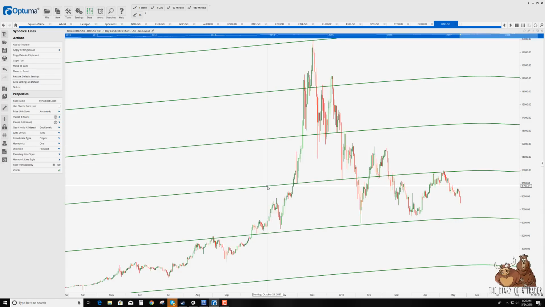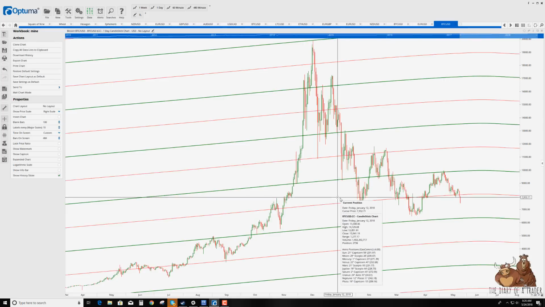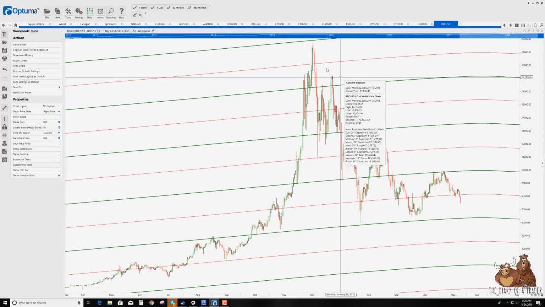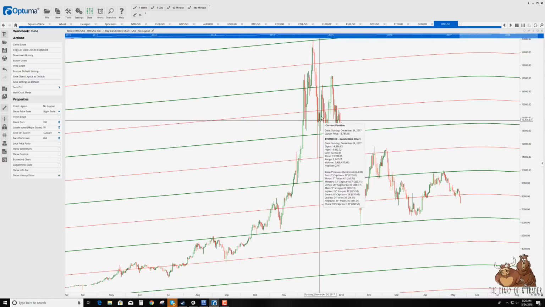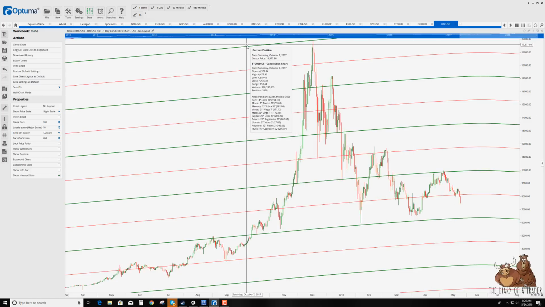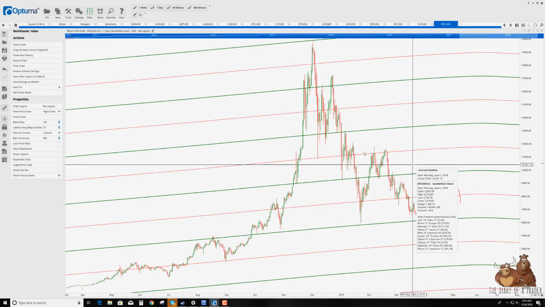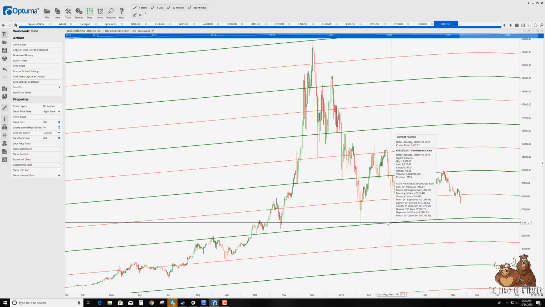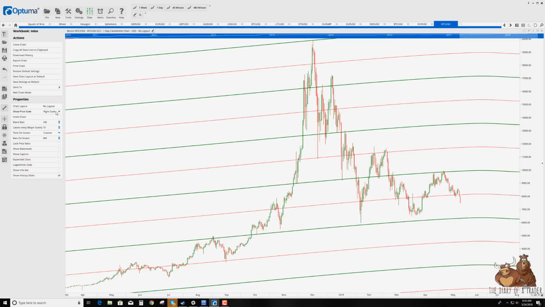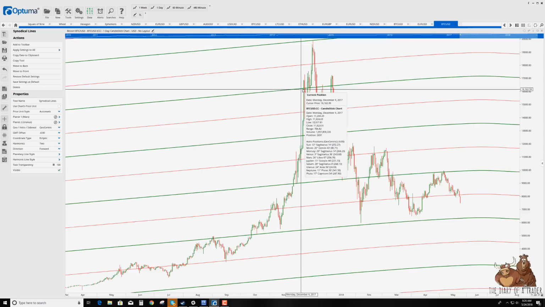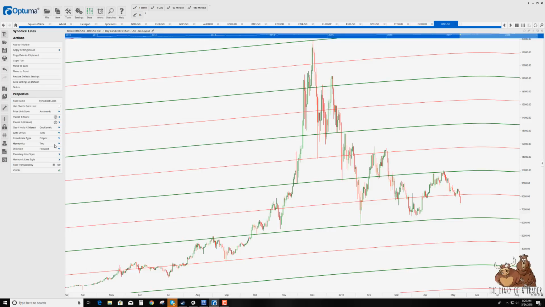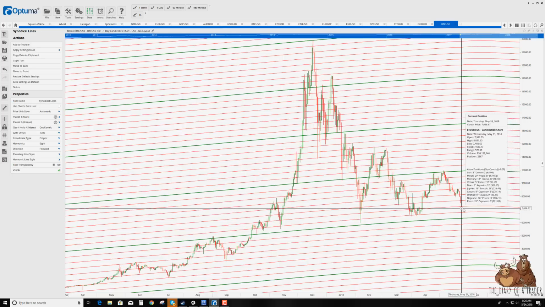Now, one of the strengths of this is that there are harmonics we can add, inputting divisible lines in between the major cycles to give us another area of support and resistance to look at. If we look at it with only two harmonics, one major and one minor, we could go with 8.